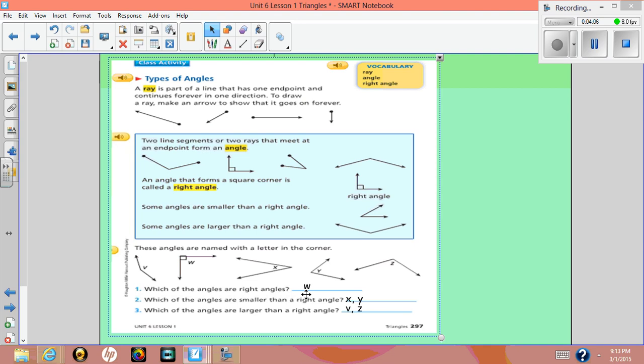W is the only one that has that attribute of right angle. Which of the angles are smaller than right angles? X and Y are the only ones that are smaller than 90 degrees. You can tell if you simply visualize a right angle. Which of the angles are larger than a right angle? V and Z.